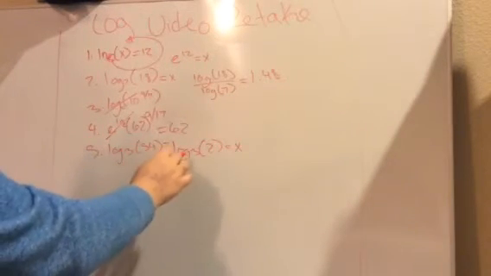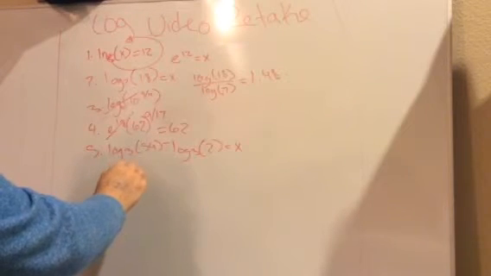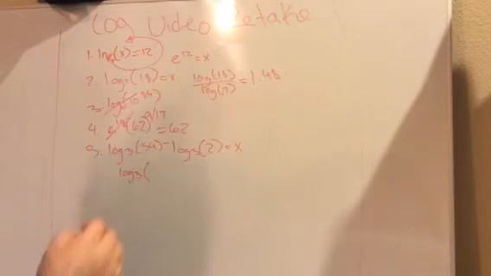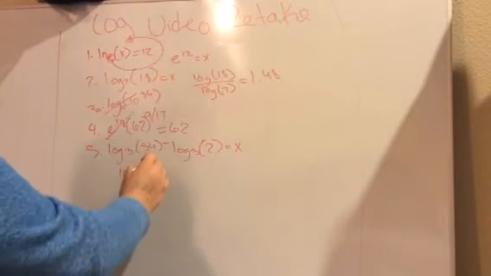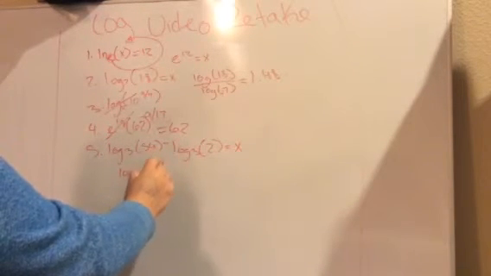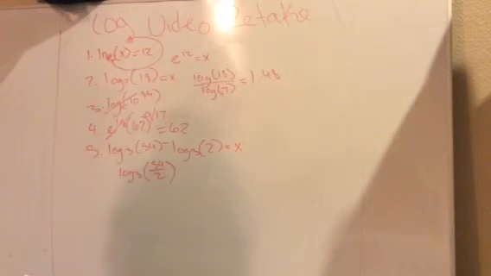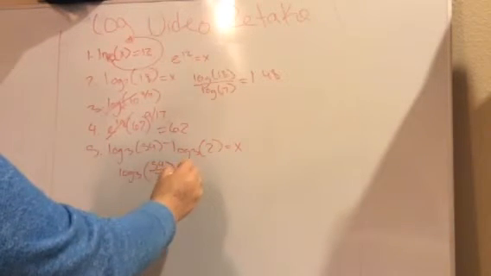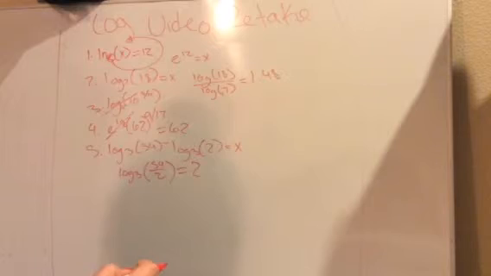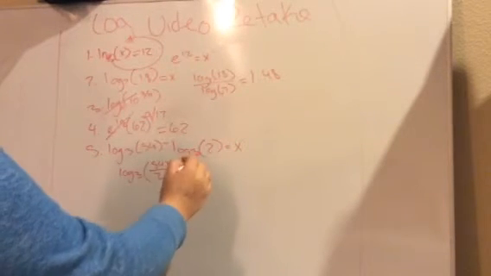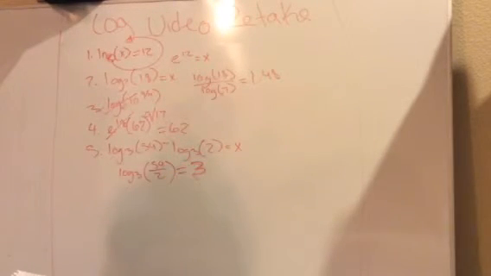So because these are the same base, you can have 1. It would be log base 3 of 54 over 2. And calculate that out, and that equals 3. Oops, that equals 3, not 2. So that's the first 5.